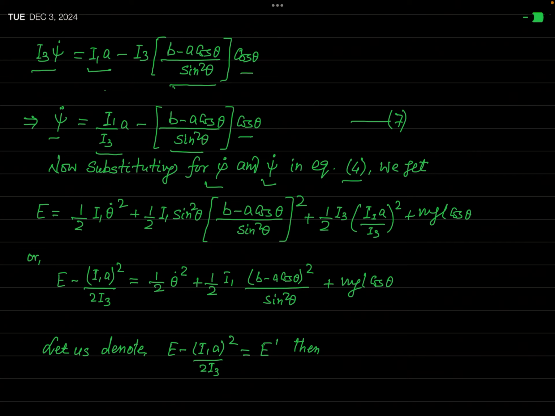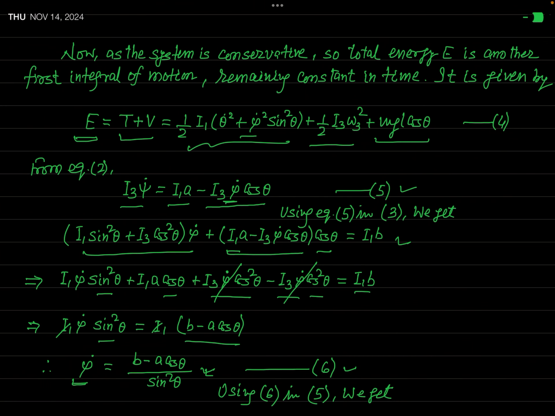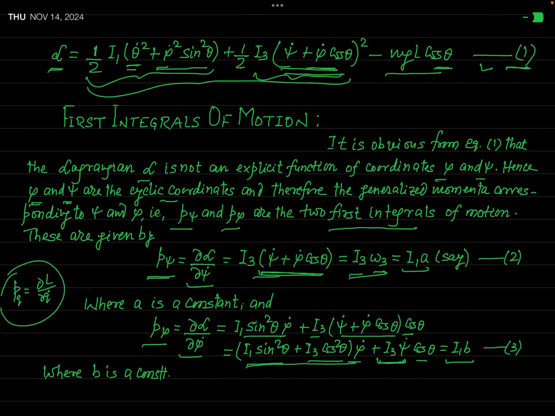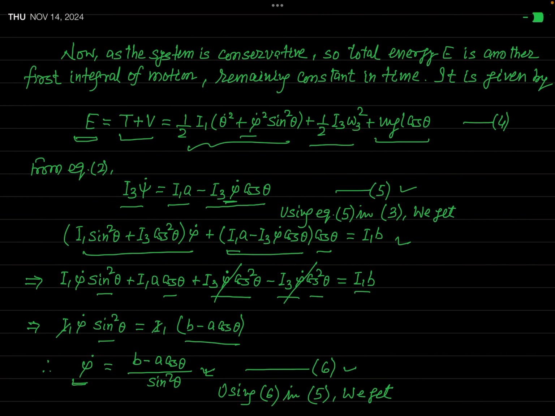So after substituting this value, E will be equal to half I1 theta dot square plus half I1 sin square theta times phi dot square, and phi dot is this much, so this much square, plus 1 over 2 I3 omega 3 square. But you have seen earlier that I3 omega 3 is equal to I1 a.